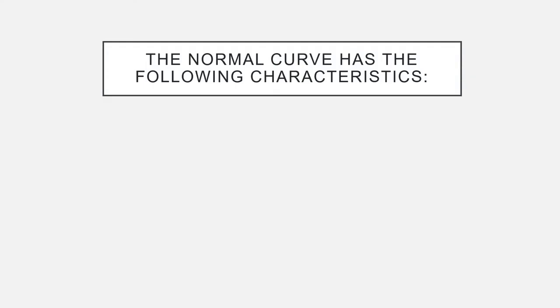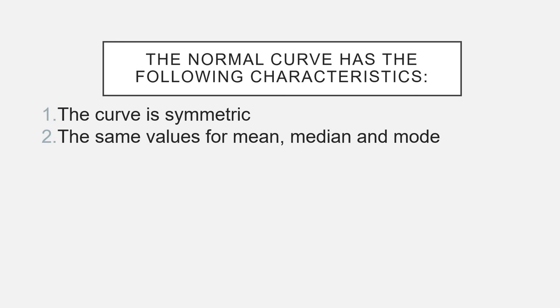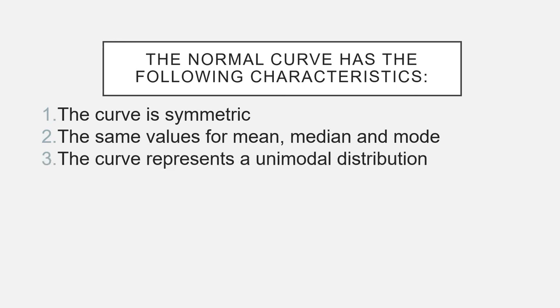So let's look at the characteristics of the normal curve. The curve is symmetric, meaning the left side is equal to the right side, the same pattern, with the same values for the mean, the median, and the mode. The curve represents a unimodal distribution.